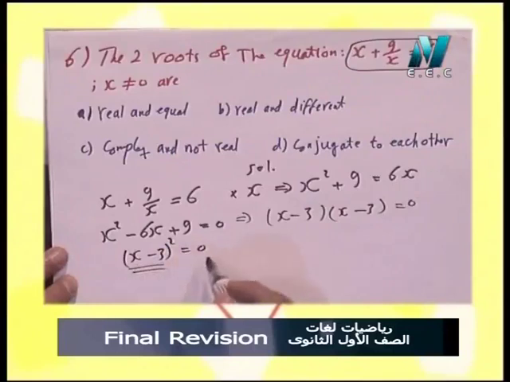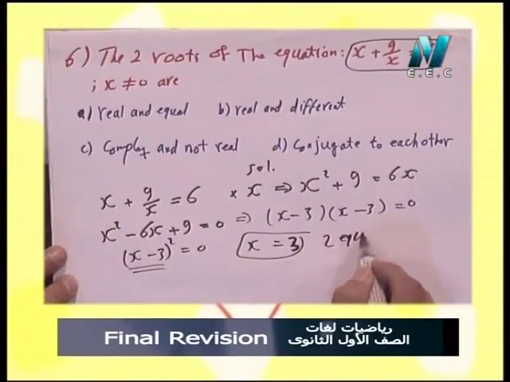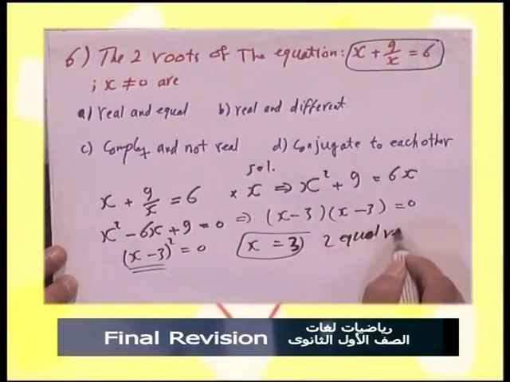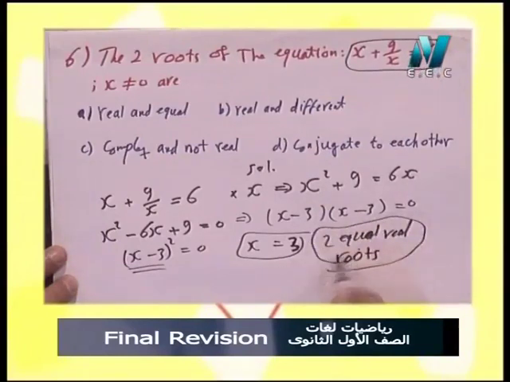These two roots, x equals 3 only. We have equal roots. We have two equal real roots. When we have two equal real roots, then they will be what? Real and equal.